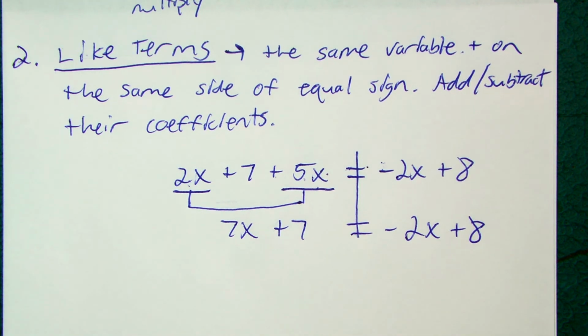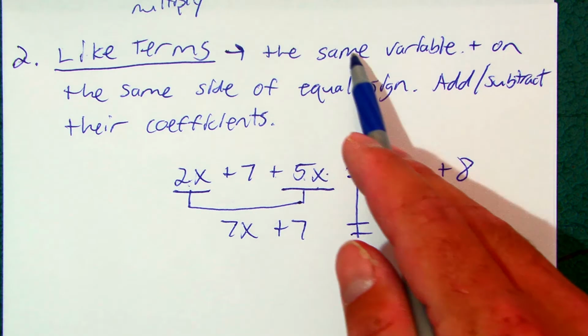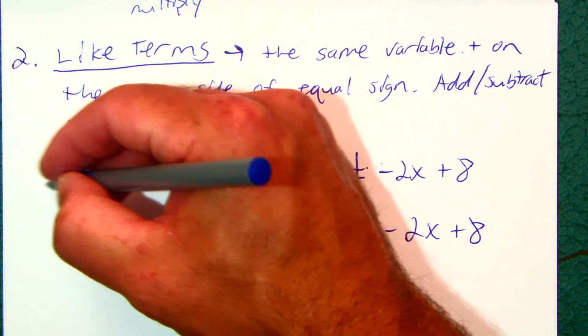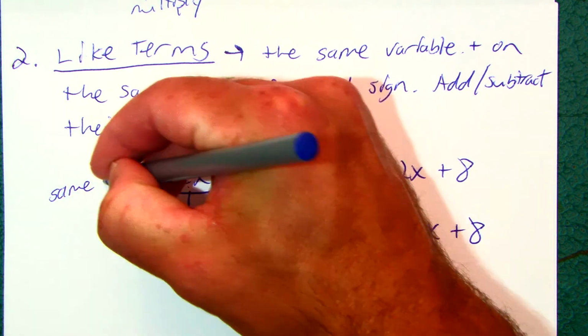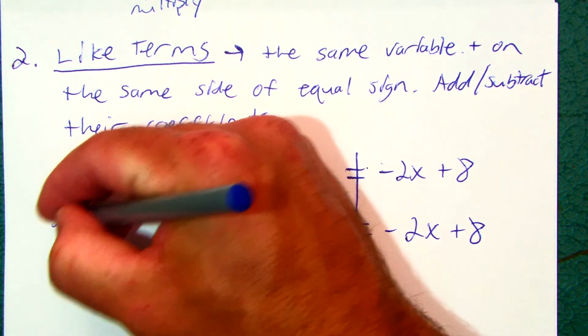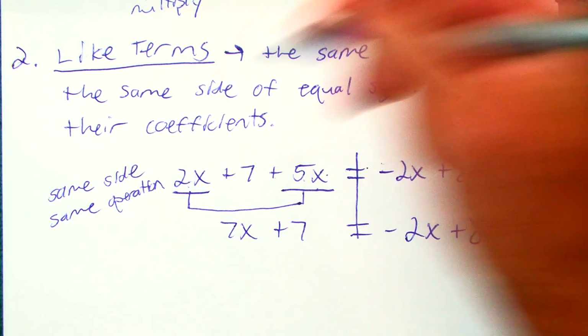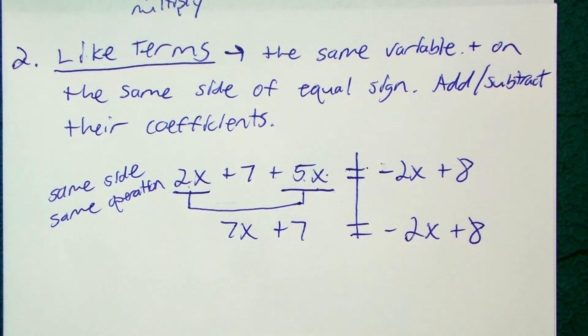Again, same variable on the same side of the equal sign, we do the same operation. Same side, same operation. Easy things to remember there. They're going to be the same variable, in this case x and x. We're not going to be solving any two variable equations here.